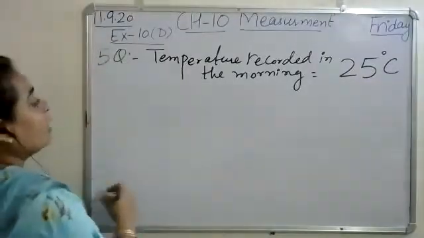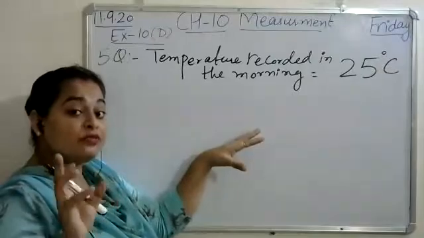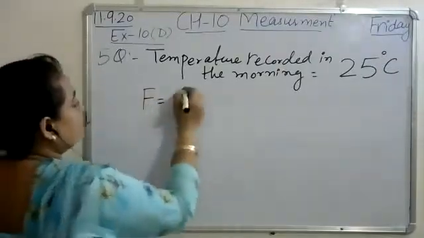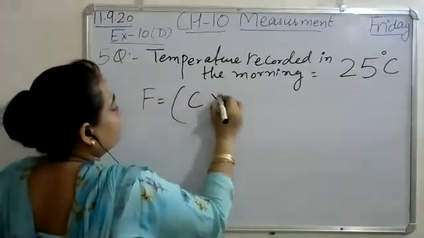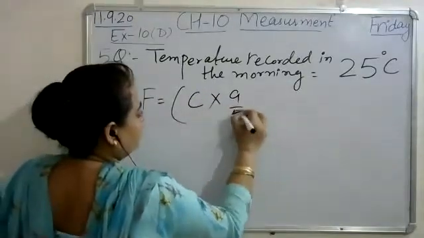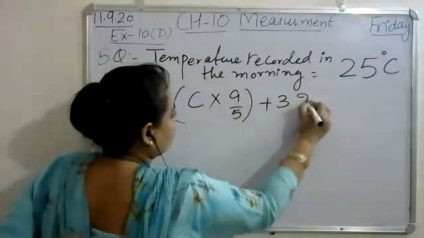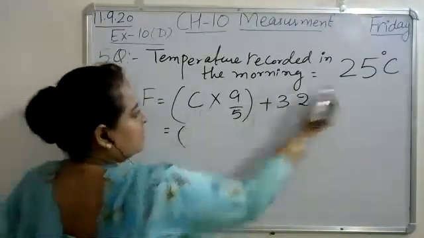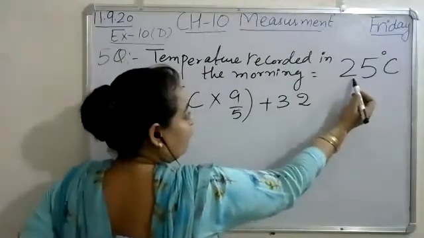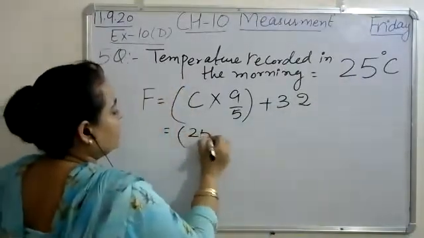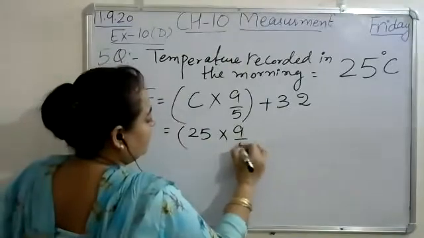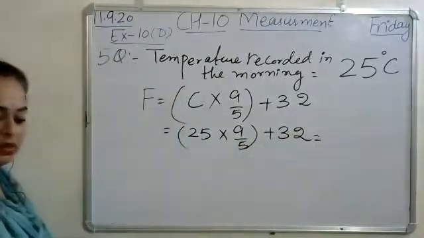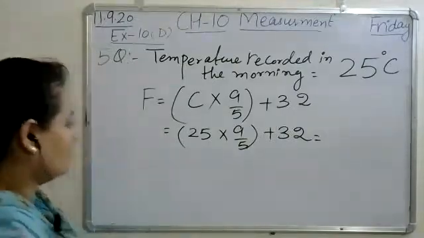So apply the formula, and the formula is very compulsory. Fahrenheit is Celsius multiplied by 9/5 plus 32. Now put the value of Celsius, which is 25. So 25 multiplied by 9/5 plus 32. Now look here, cancellation.